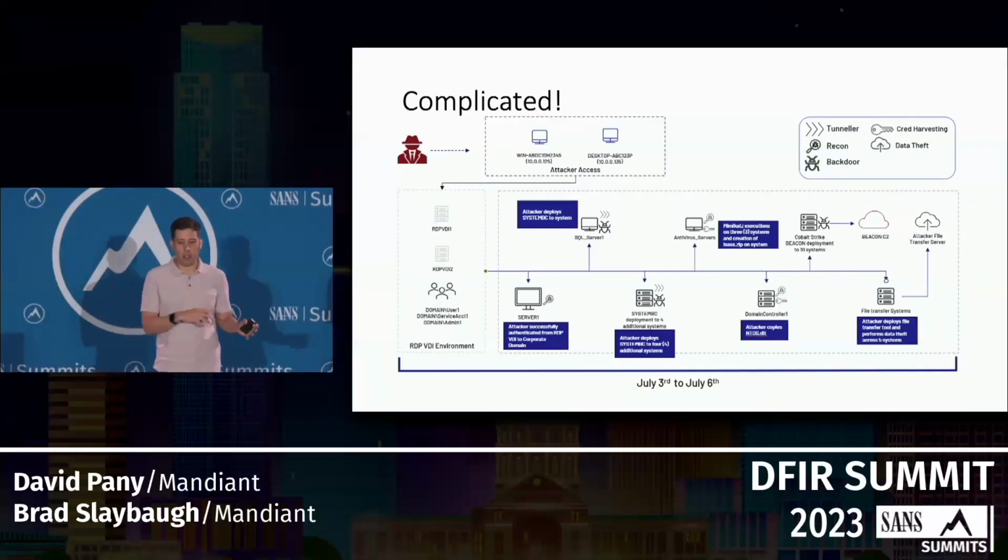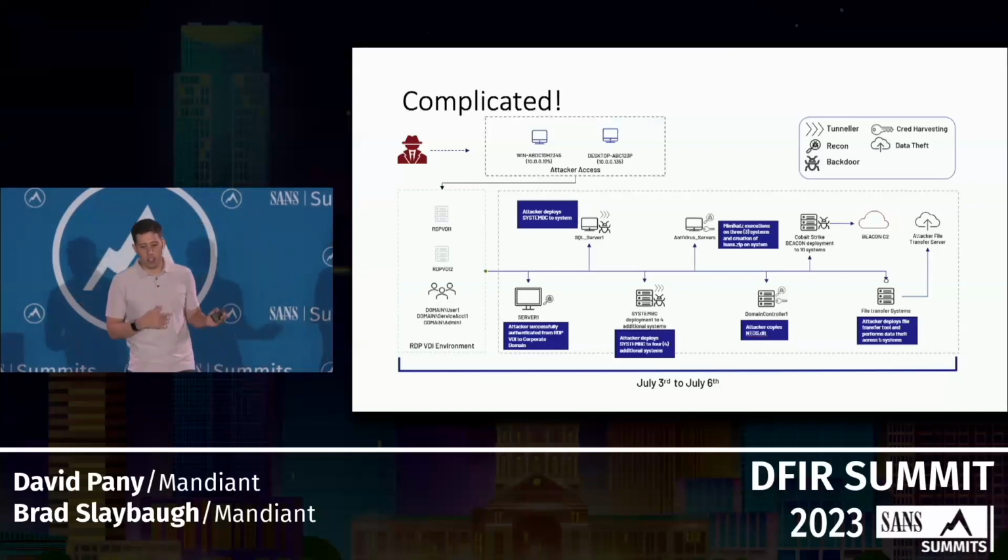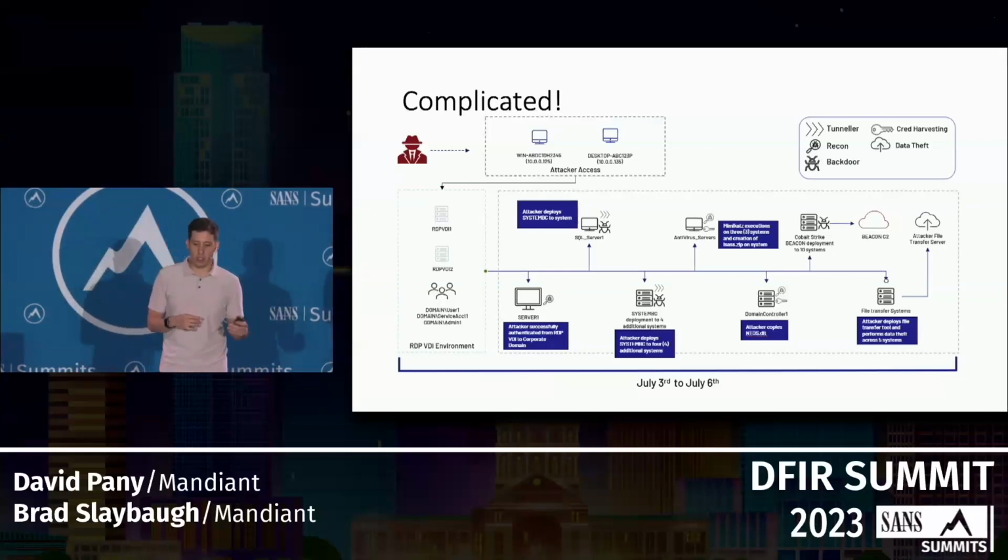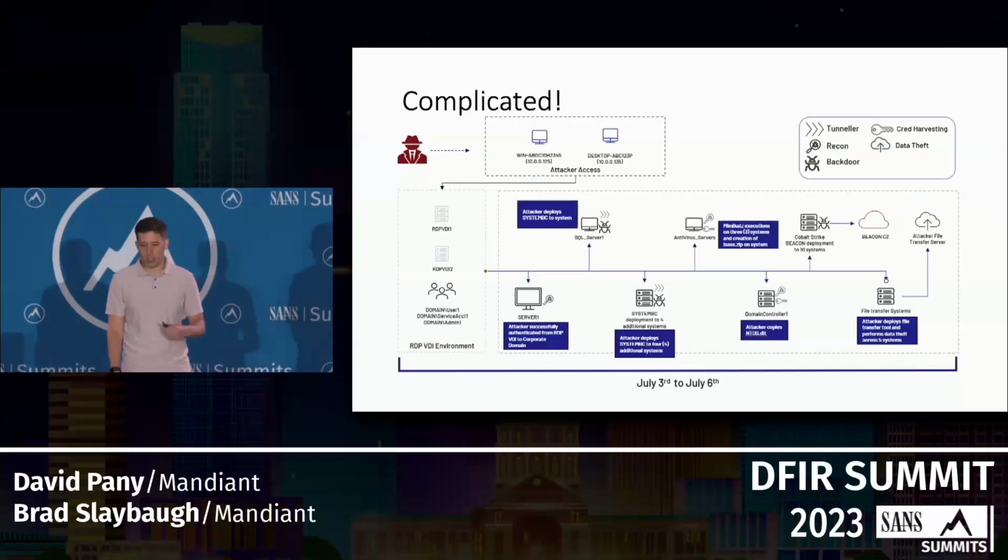Then from there, they made that hop over into the corporate environment, compromising a server that was directly connected to that VDI, performed some reconnaissance inside the network, then moved on to gain additional credentials, deploying backdoors, and then ultimately making it to their target file server, where they then performed data exfil out to their C2 server here.